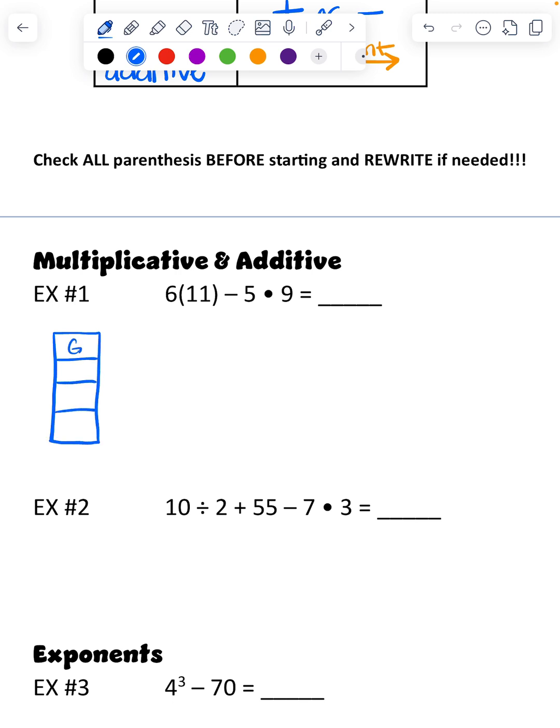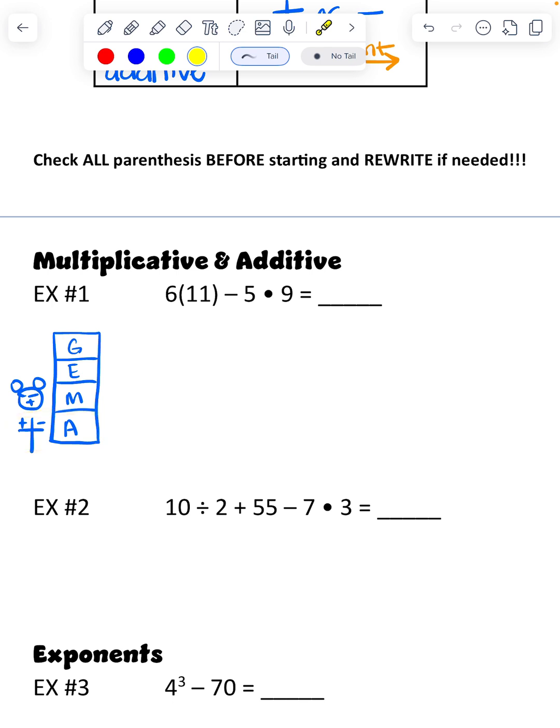I have G, E, M, A. Next to it, I'm going to draw integer man for the M because he is used for multiplying and dividing, and my positive negative table for adding and subtracting. That reminds me that on this step I might need integer man, or on this step I might need my positive negative table.